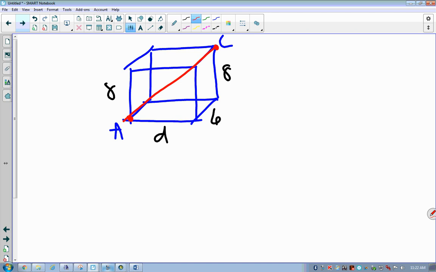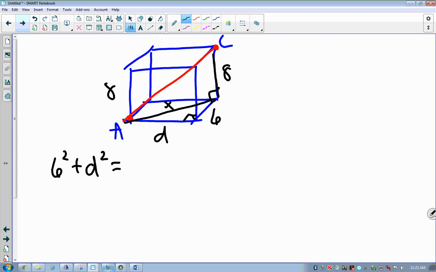First thing that we're going to do is solve this right triangle that's on the ground, because what we end up forming here is a right triangle. So in order to find this length right here, we're going to do 6 squared plus d squared.